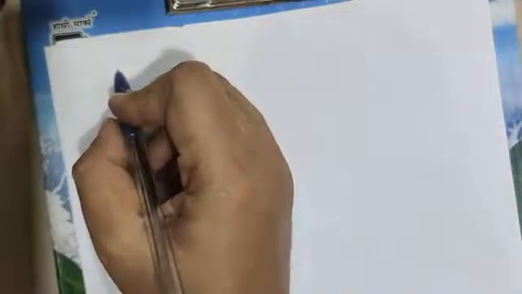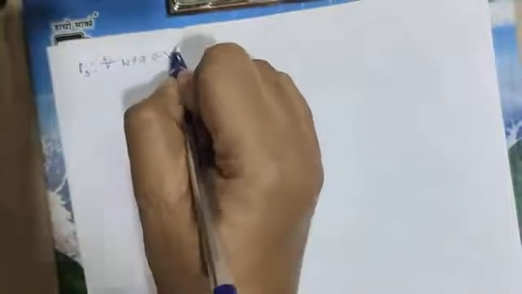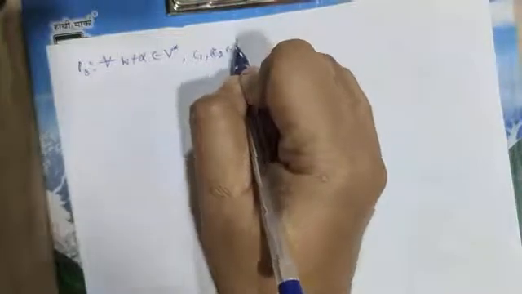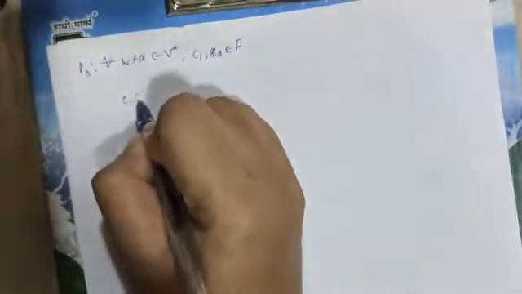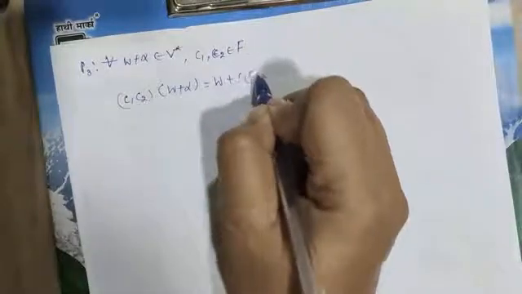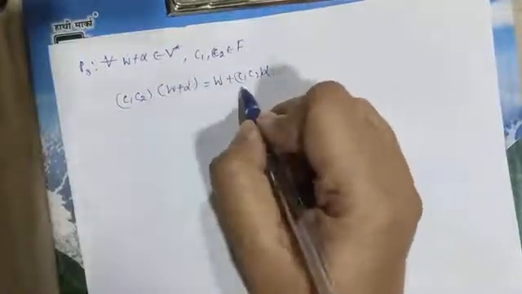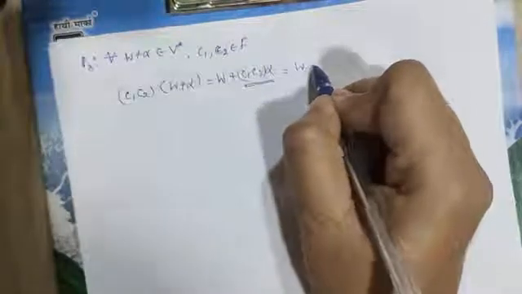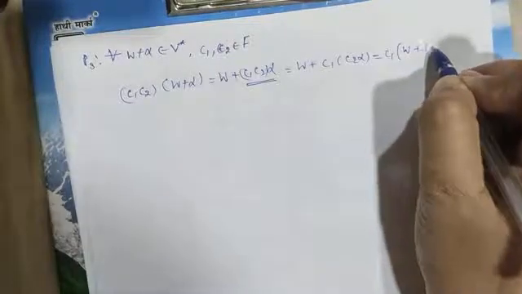Again, for all W plus alpha belongs to V star and C1, C2 belongs to F, we have C1 C2 W plus alpha equal to W plus C1 C2 alpha, and again here using the property of vector space, we can write this as W plus C1 C2 alpha, and this is C1 W plus C2 alpha.